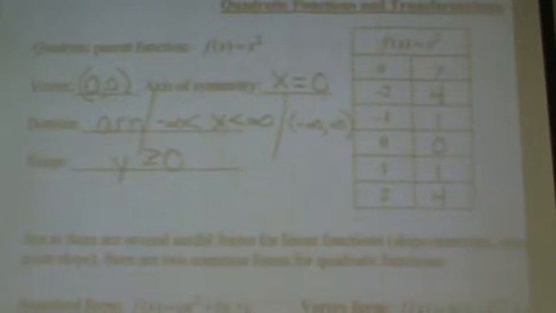You don't see anything less than 0, do you? So from 0 up, including 0, that is all your y values. If you flipped it over the x-axis and you were going down, it would be y is less than or equal to 0. We're gonna do a few of those.